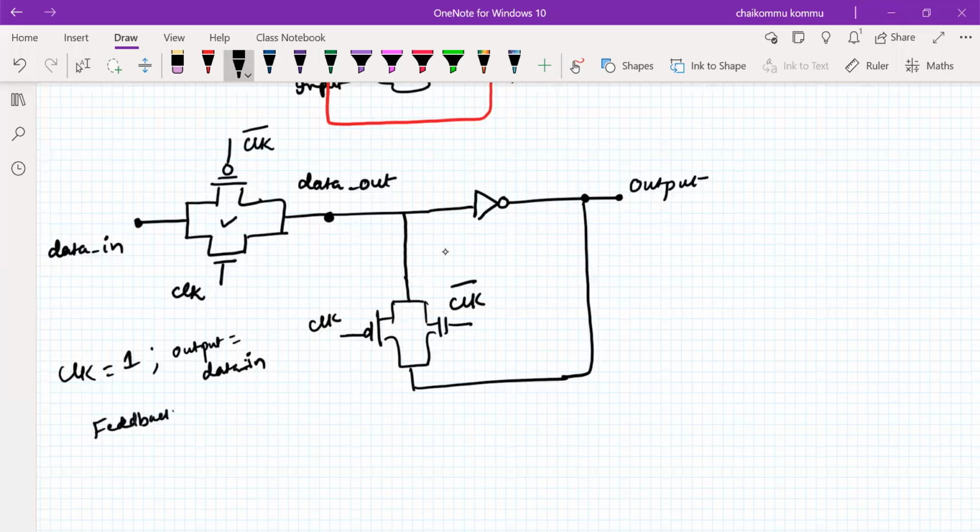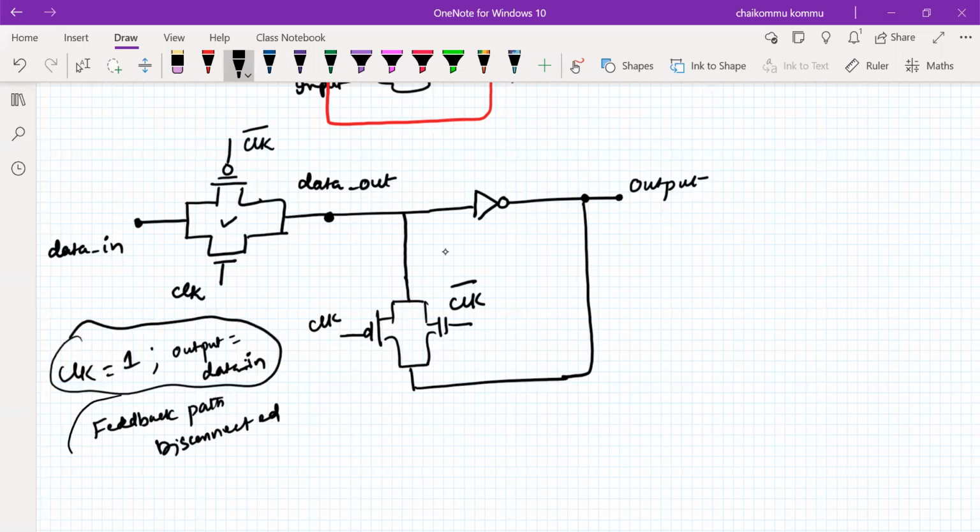So this is the obvious solution. In the direct connection, the clock is equal, output is equal to data in will happen, but again it is stored directly. That should not happen. When the transaction is happening, during that time the feedback path must be disconnected. That is a good solution, right?